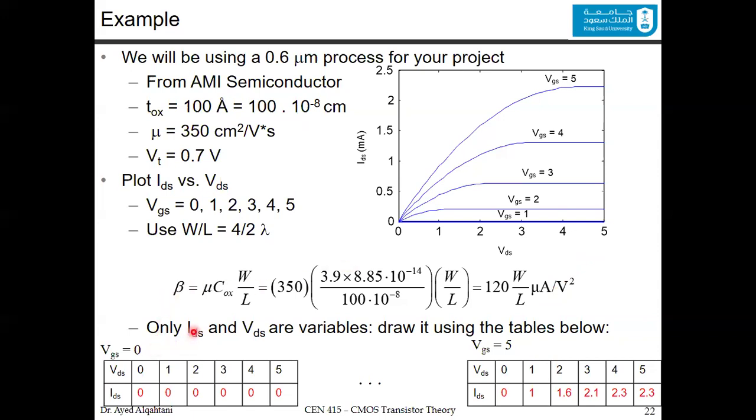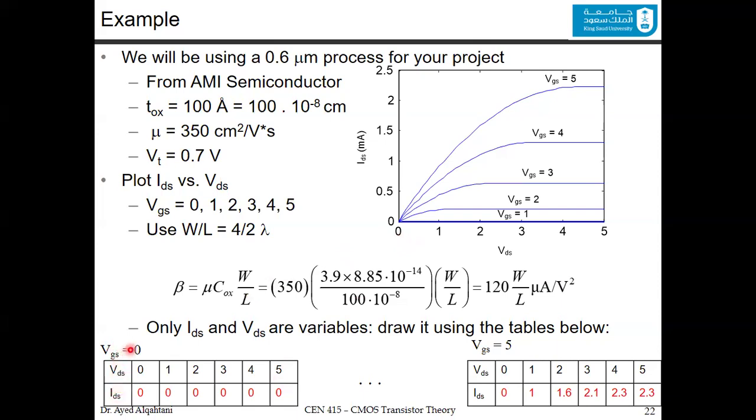So IDS and VDS are all variables, and you draw it using tables like what you studied in high school. And you assume the values of the VDS, which is on the x-axis, being 0, 1, 2, 3, 4, and 5, and you try to find the value of the IDS.